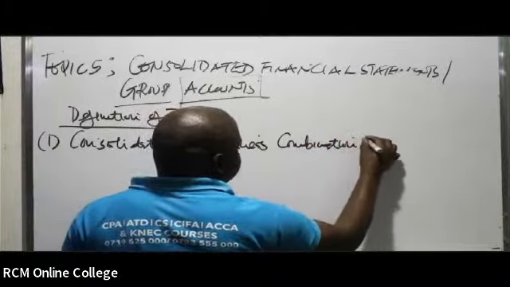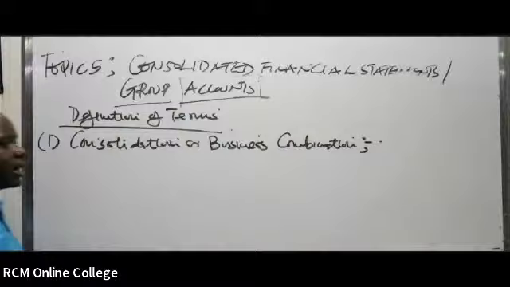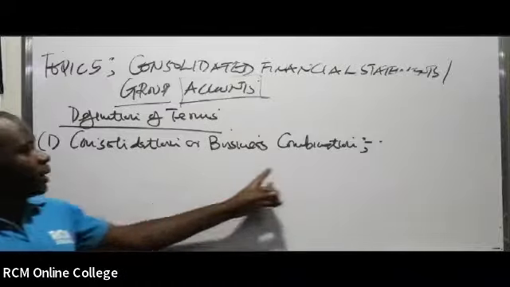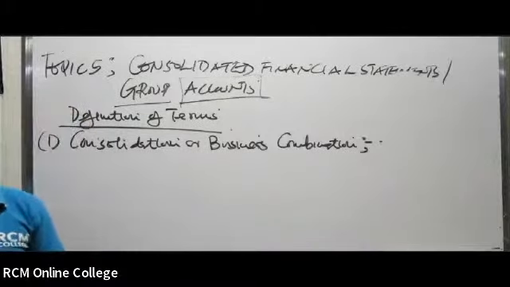Stephen, what is a joint venture? If it is actually a 50-50% ownership stake, then the other company becomes a joint venture. So what is consolidation, or business combination? You write this.